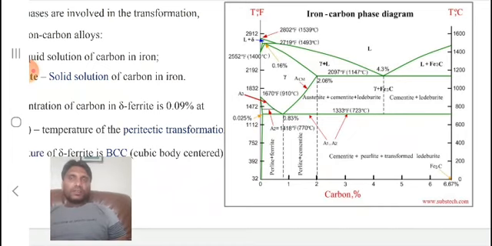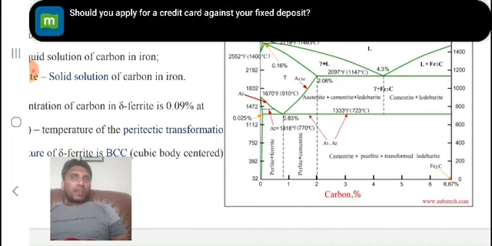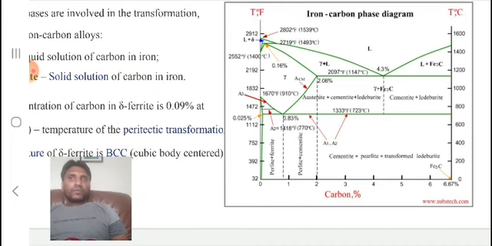The phases present on the left side are alpha iron, that is BCC crystal structure, gamma iron, that is FCC crystal structure, and delta iron, that is again BCC crystal structure. Based on these three phases, all the other phases are formed, that is delta iron plus liquid on the top, gamma iron plus liquid, and liquid plus cementite at the hypereutectic cast iron region.